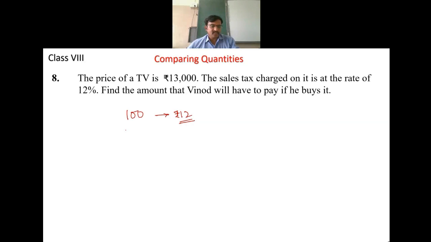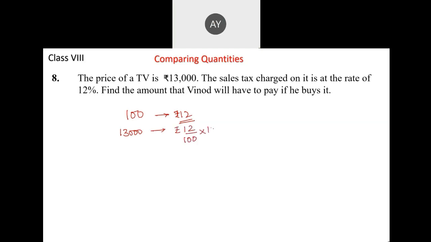In the same way, if 13,000 is the cost, what will be the extra 12 amount to be paid? 12 upon 100 into 13,000. Sir, 1,560 is the answer.